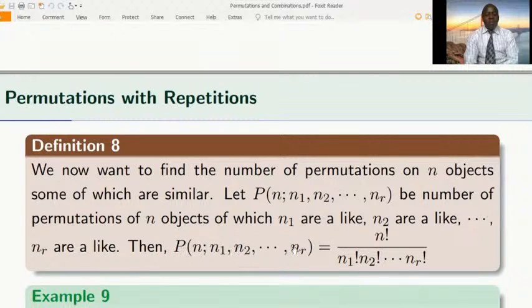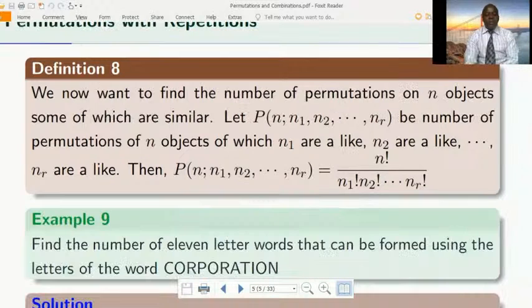The number of permutations will be n factorial divided by the factorial of the first number of objects which are similar, times the factorial of the second number, times the third number, and so on. Let me just take you to an example so that you understand what I mean.